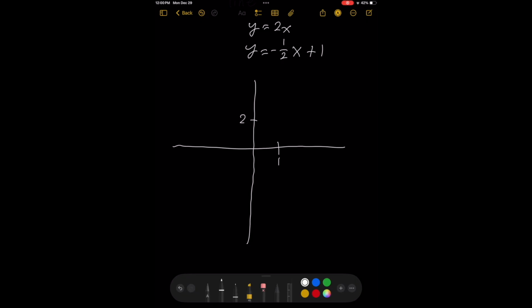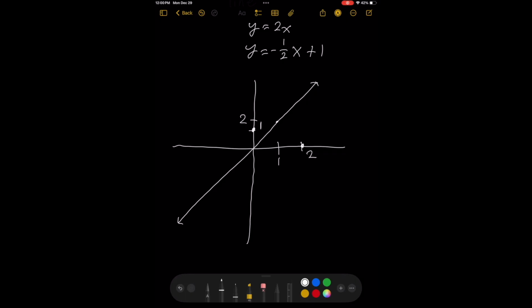Just going to regraph it again. It's going to be something like that. We know the y-intercept for this guy is going to be this. And actually, what we're going to do is go down 1 and over 2, because we're going down 1, and then we're going to go over 2 in the x direction. That's how you graph using a slope like that.